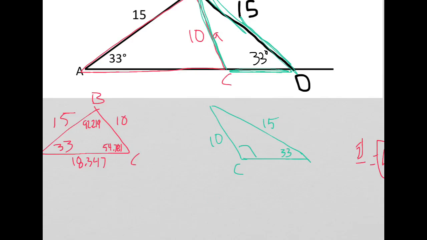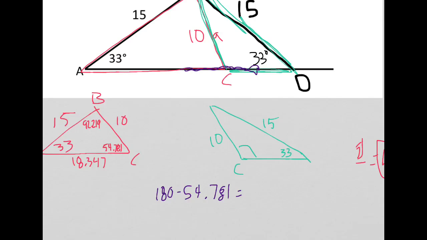Notice the relationship between those two. They're on a straight line. They form a straight angle. That means they're supplementary, meaning they add to 180 degrees. So if we want that green angle right there, we need to take 180 and subtract the angle that we already found, 54.781.